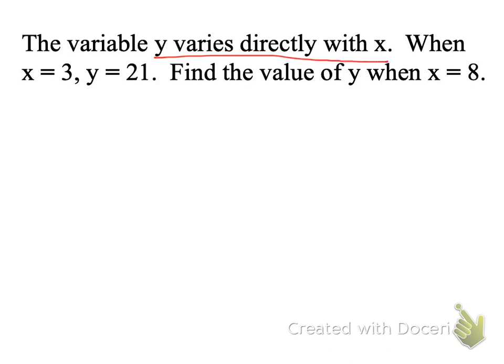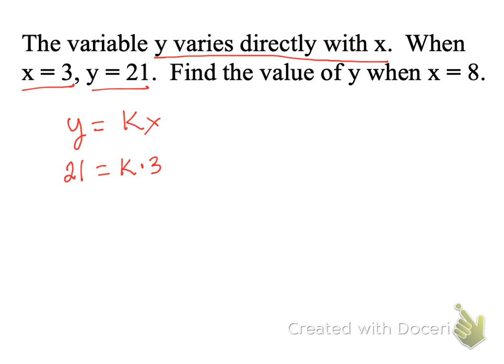So the very first thing I do is write y equals kx. Whenever you see that, you write y equals kx. They don't tell me to find k, but they give me values of x equals 3 and y equals 21. So I'm going to substitute.